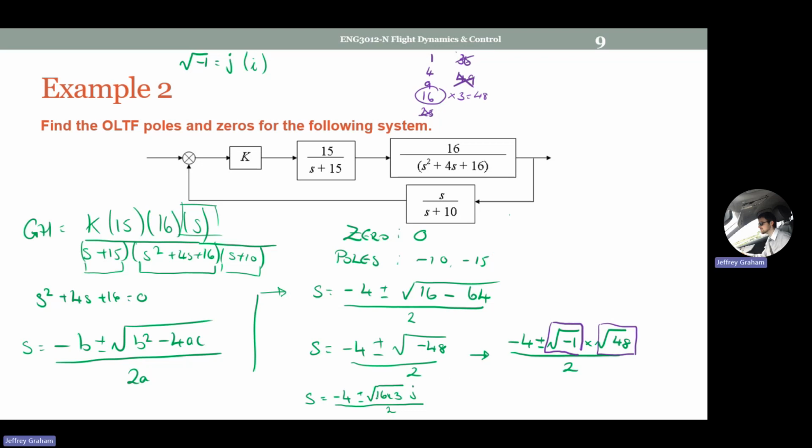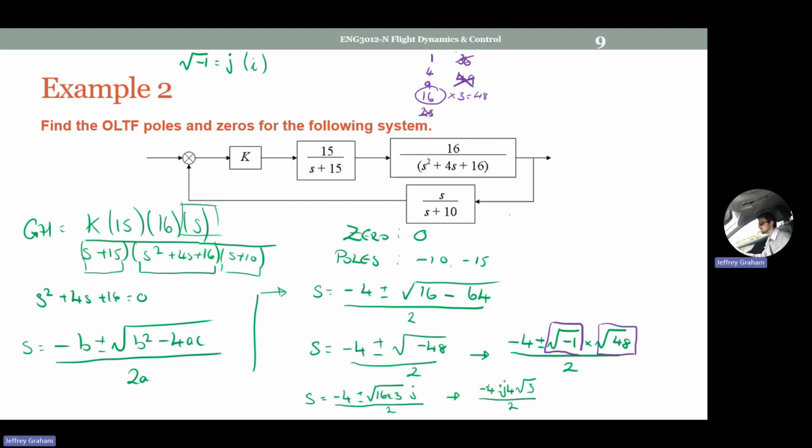The reason I've done this under the square root is we can physically take the square root of 16, and hopefully we know that's 4. So we're getting minus 4 plus or minus 4. The J typically sits in front when it's imaginary, so let's say J4 square root of 3, all over 2.